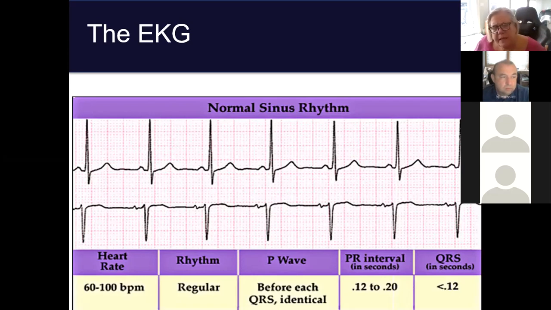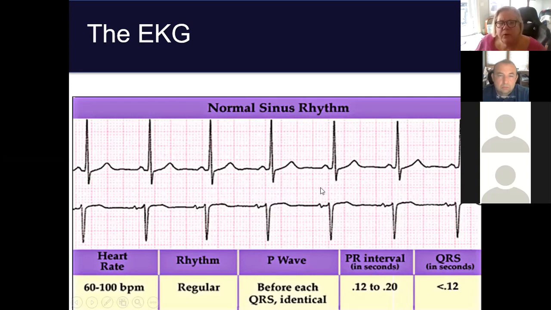There is 1 P for every QRS, and it is regular. And each of those P's and QRSs look just like the one before it. They're identical. And your PR interval is going to be 0.12 to 0.2.